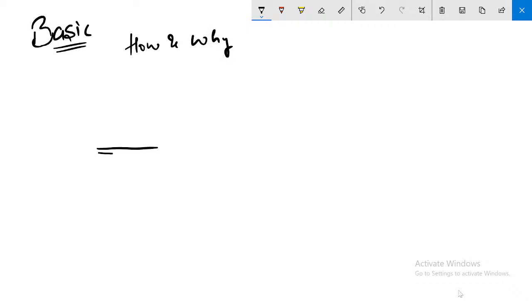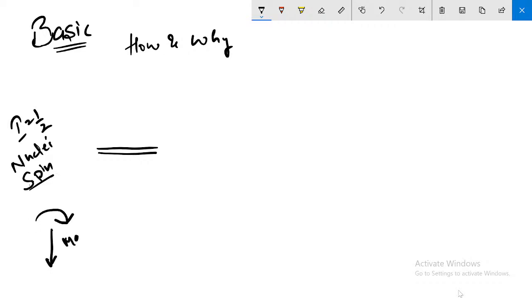So basically, the basics of how and why any magnetically active nuclei show an NMR signal. As we saw, nuclei having a spin, let's suppose like this, will also create a magnetic field.